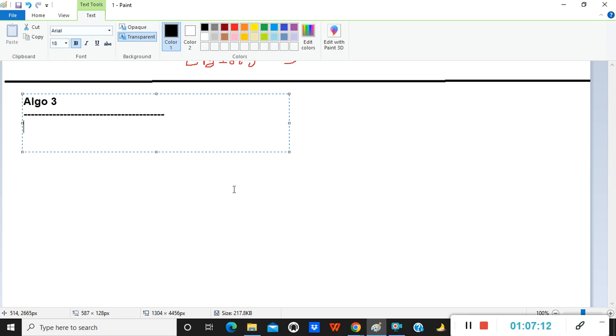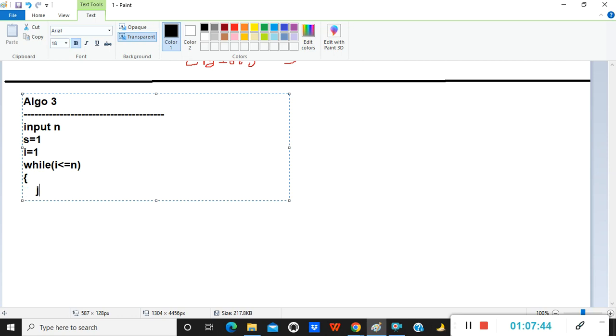So we are taking input n, and we are taking s equal to 1 and i equal to 1, while i less than or equal to n. Inside it, j is equal to 1 and while j less than or equal to n.